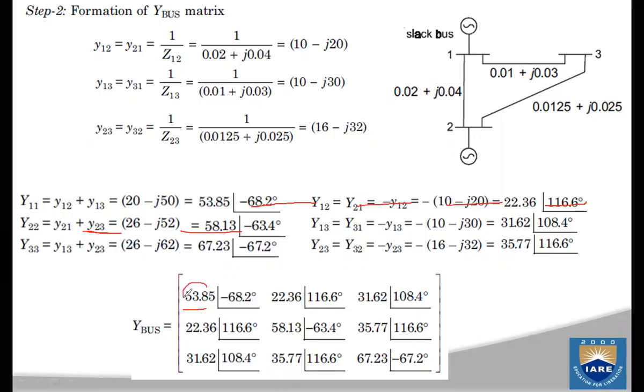So this is the magnitude of y11 and this is theta 11. Similarly, this is the magnitude of y12 and this is angle theta 12. This is the magnitude of y13 and this is angle theta 13, like that. For all the elements, magnitude and angle are given here.